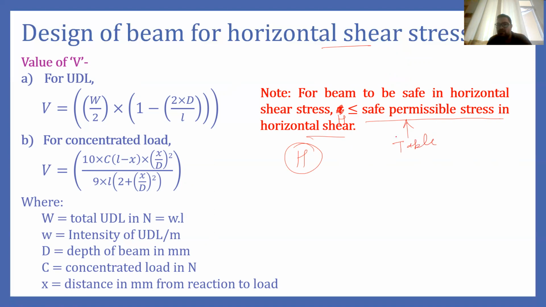So we can refer to the table to get this permissible stress value, and we will calculate this actual stress and compare it. If our actual stress is less than safe permissible stress, then we say that our beam is safe in the shear criteria. And if it is not satisfying the condition, then we say that our beam is not safe and we have to revise the design of our beam. So that is the condition for horizontal shear stress.